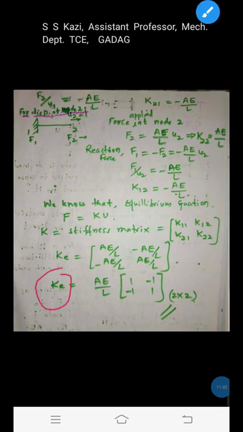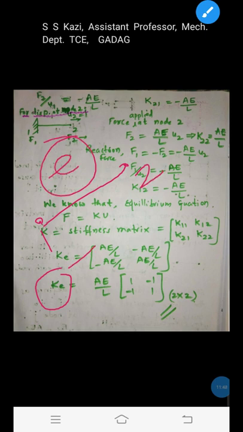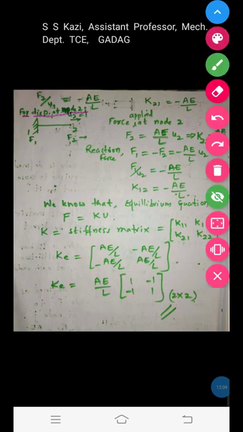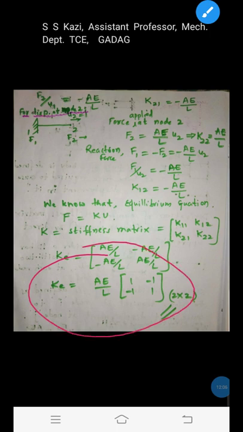Therefore, the stiffness matrix for a single element of a 1D bar having two nodes is given by Ke equal to AE by L; you take it outside, and inside you write 1 minus 1 minus 1 1. The order of the stiffness matrix is 2 cross 2, because at each node there is only 1 degree of freedom, that is one unknown. This is how we can derive the stiffness matrix for this 1D bar element.